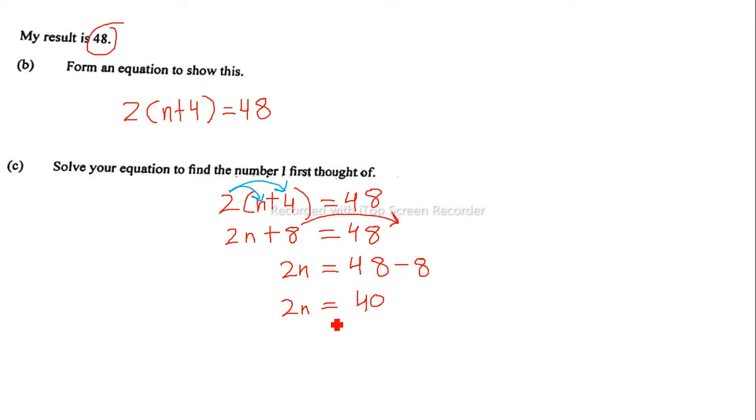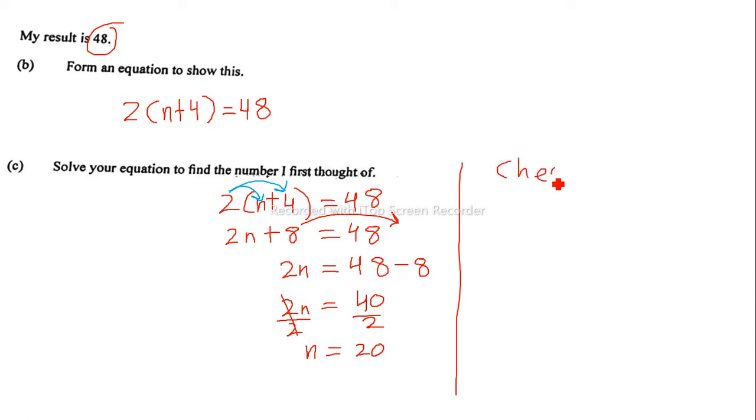What do we do at this point? We divide both sides by 2. And so n is going to be equal to 40 divided by 2, which is 20. Good.